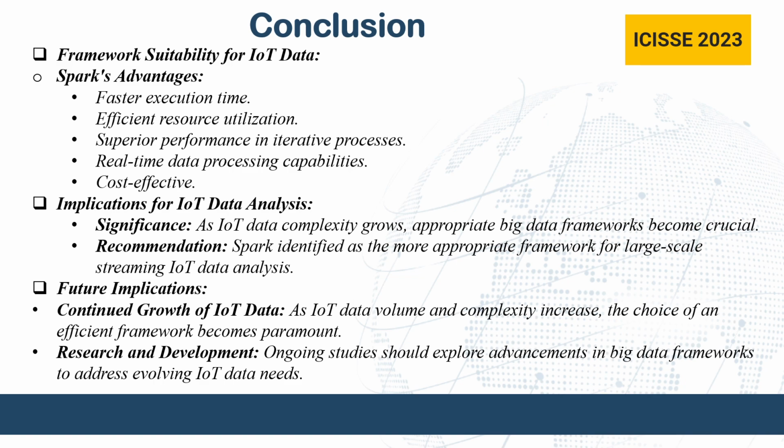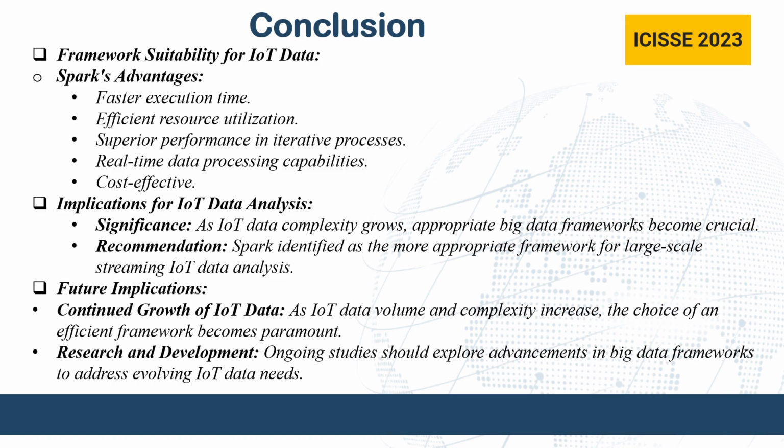Our conclusion: framework suitability for IoT data. First, Spark's advantages: faster execution time, efficiency, resource utilization, superior performance in iterative processes, real-time data processing capabilities, cost effective. Implementation for IoT data analysis is significant as IoT complexity grows. An appropriate big data framework becomes crucial, and the recommendation is that Spark is identified as the more appropriate framework for large-scale streaming IoT data analysis.